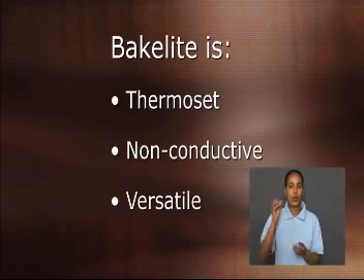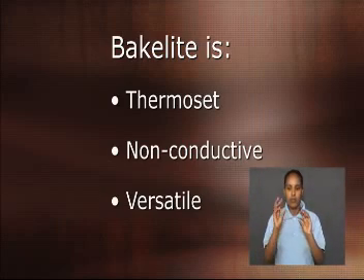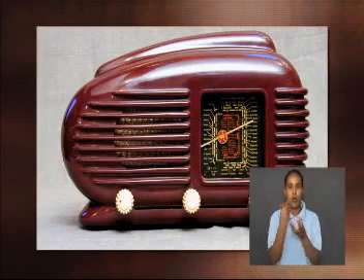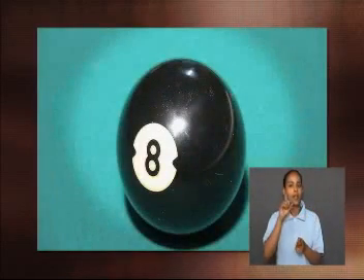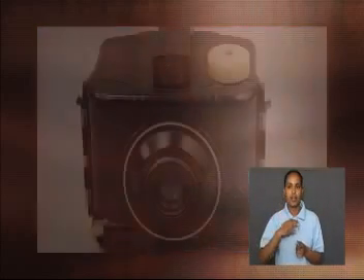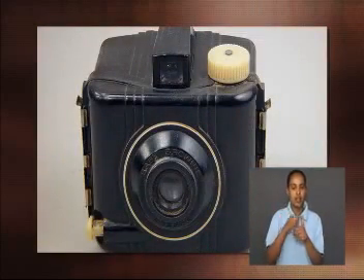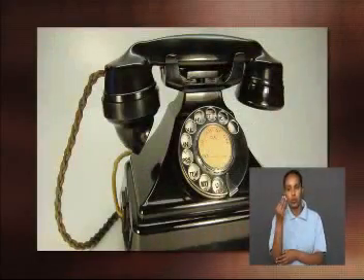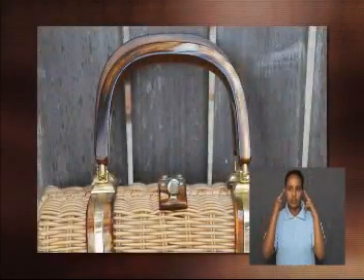It is also electrically non-conductive. Because it was the first commercially successful plastic, Bakelite was extensively used in the first half of the 20th century. It was made into such diverse products as toys, headphones, jewelry, and kitchenware.